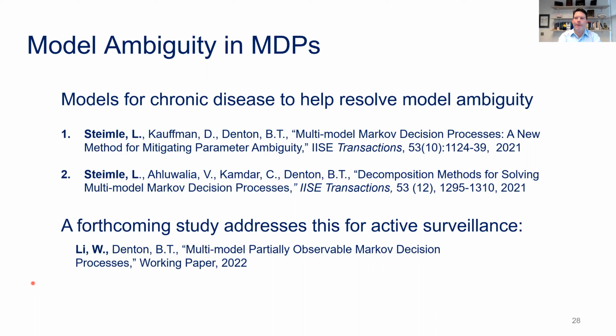So if you want to learn more about that in the MDP context, that's a good source. And then there's a forthcoming study from Wei-Yu Lee that's attempting to resolve this ambiguity in the case of partially observable MDPs. Lauren's work was in the area of fully observable MDPs. Wei-Yu was looking at the partially observable context, which is quite different.